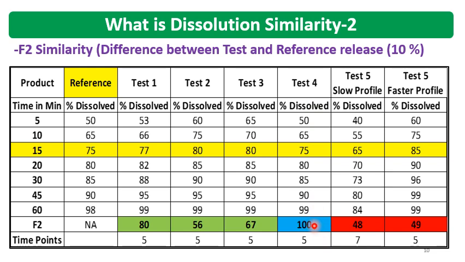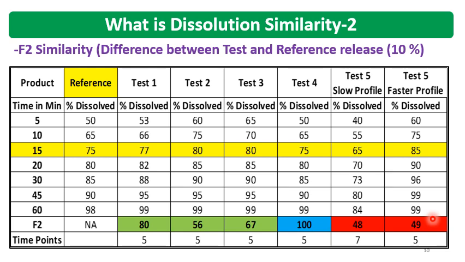If the two profiles are exactly similar, then your F2 will be 100. Then if you consider the dissolution profile with around 10% slower release, it is not giving you the F2 of 50, and the faster profile also is not giving the F2 of 50.